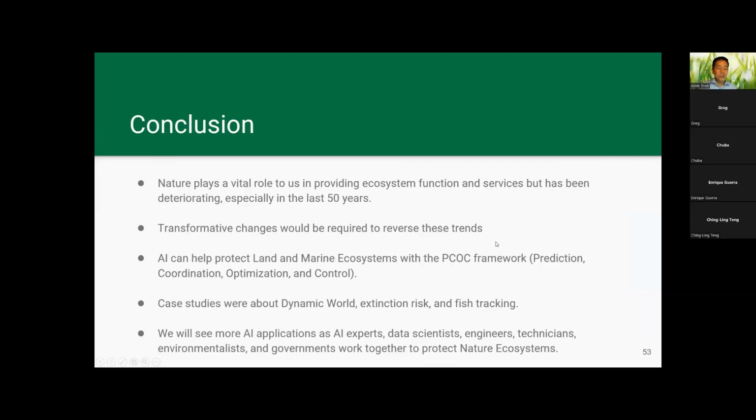So, conclusion. We see that nature, land and marine ecosystems, play a vital role for us, and nature provides ecosystem functions and services. But it has been getting worse in the past 50 years, probably because humans set priorities on humans. We talk about health, hunger, and so on.